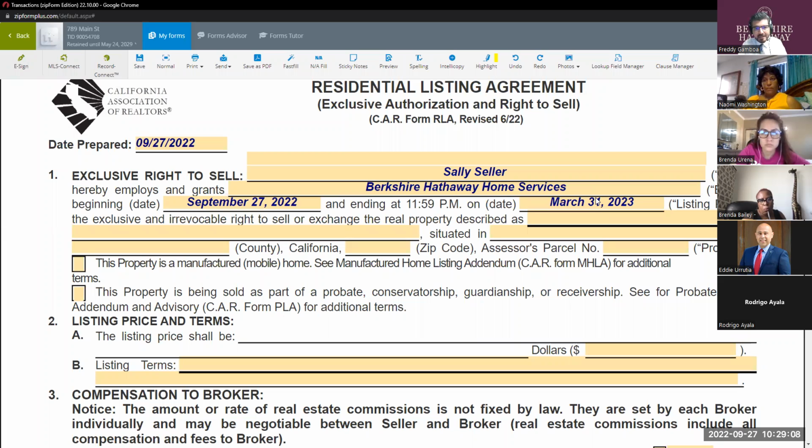I ask my seller, would you mind if I finish this contract at the end of the month? And they might ask, well, why is that, Freddy? Because I have better control of my days that way. And they don't question you. They haven't questioned me. So again, anything after the 15th, I usually finish the date on the last day of the month.